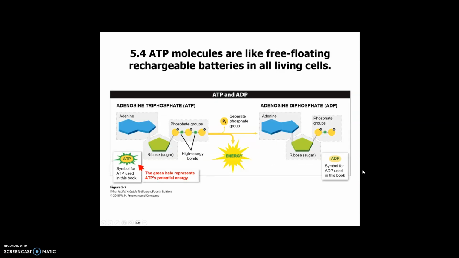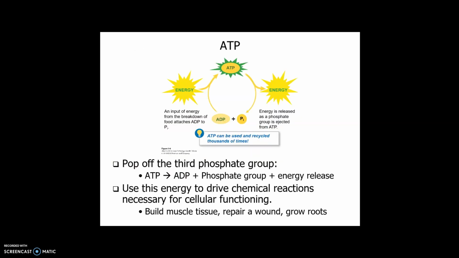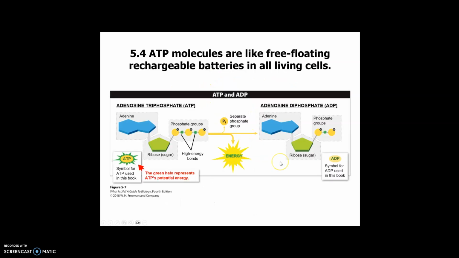So once you understand the two laws of thermodynamics, you're going to get to know the molecule that temporarily holds the energy once it gets extracted from sunlight, and we'll talk a little bit about that shortly. Like it says in here, ATP molecules are like free-floating rechargeable batteries in a living cell, because that's a very good analogy.